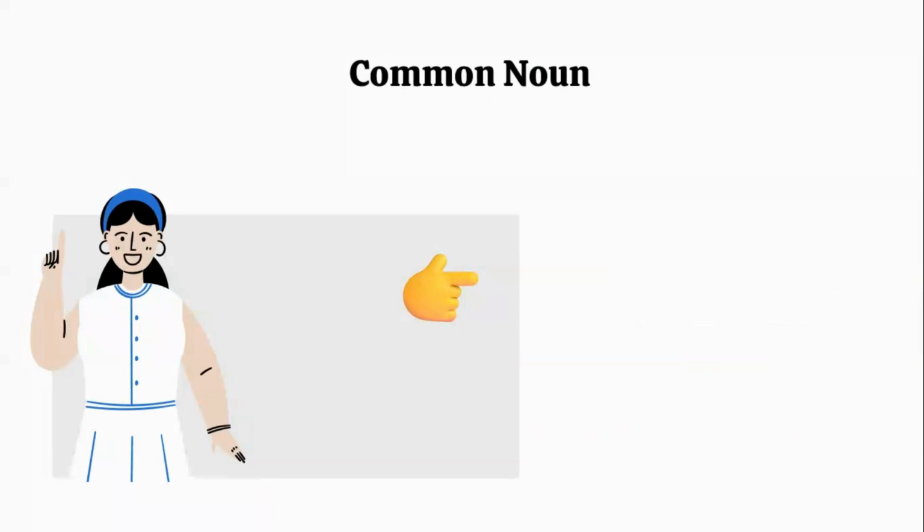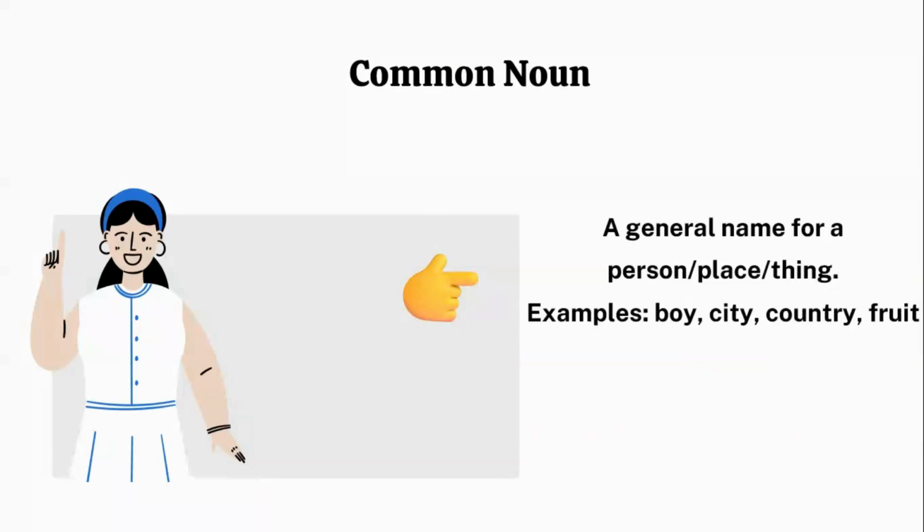Next is common noun. So now you are going to know about common nouns. So what is a common noun? A general name for a person or a place or a thing. That is a common noun. So a general name, what does it mean? As an example, the boy. Here we have to underline the boy and say that this is a common noun.